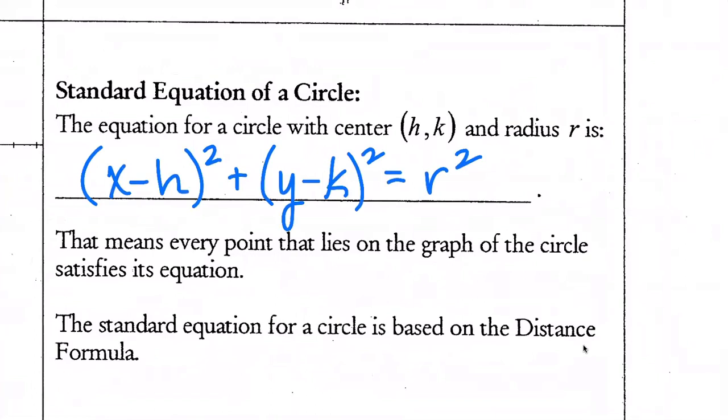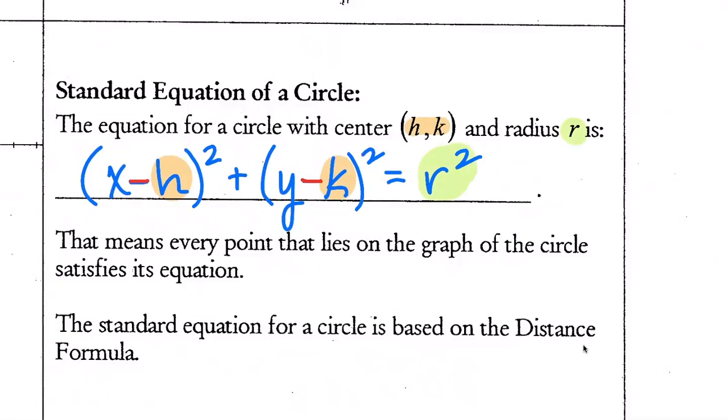So the center h, k is going to show up with the x coordinate with the x, the y coordinate with the y, and the sign will have changed. So notice that these are minuses here. Okay, and then the radius is being squared on the other side of the equation.